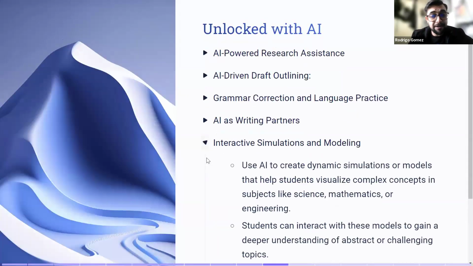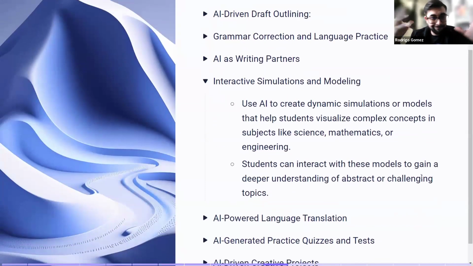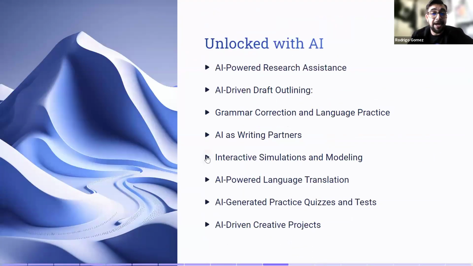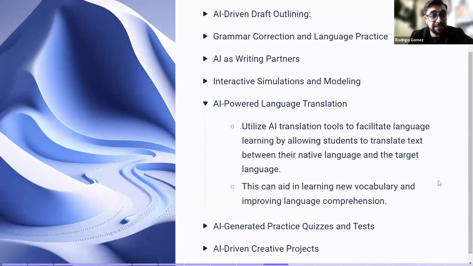Interactive simulations and modeling, of course. Kind of going back to that example I gave a minute ago of maybe you want to model something, you don't have an example off the top of your head. AI again can produce those on the spot very easily. AI powered language translation. I can't say how many times I've encouraged my students recently to take content, run it through GPT, translate it for yourself if you need to understand something more fully.